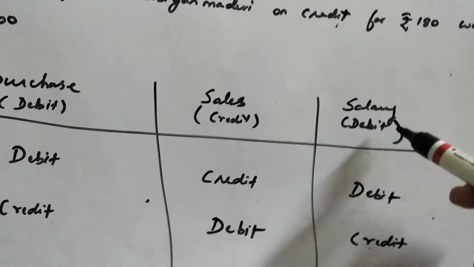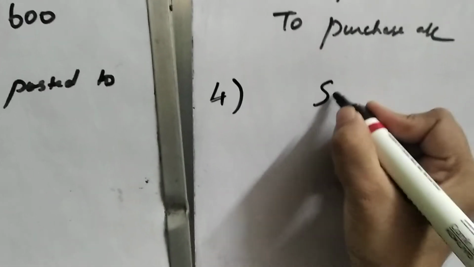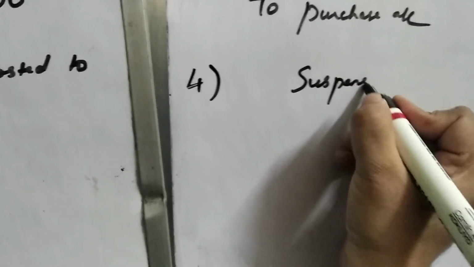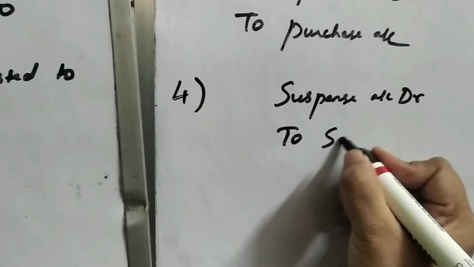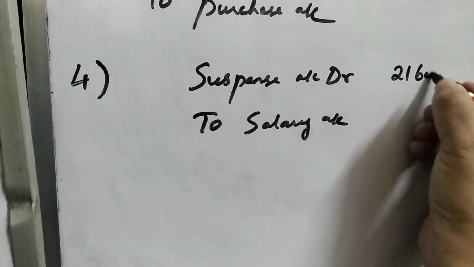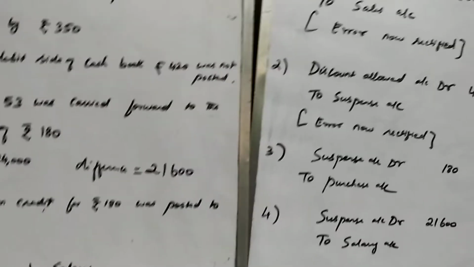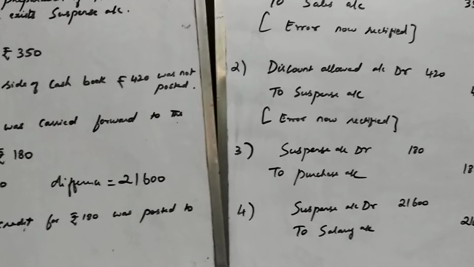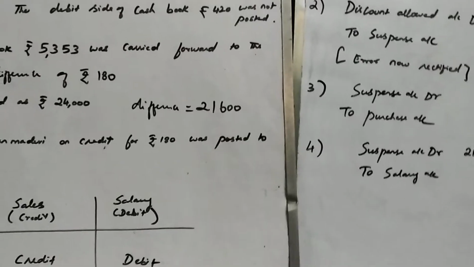Normally, salary has a debit balance. So, in case of overcast, we are going to give a credit. So, what should be the entry? We are using suspense account. So, suspense account debtor to salary account, 21,600. So for every entry, you can write the narration, error now rectified, after writing the rectification entry. Okay, so I didn't mention the narration here. You have to do it.